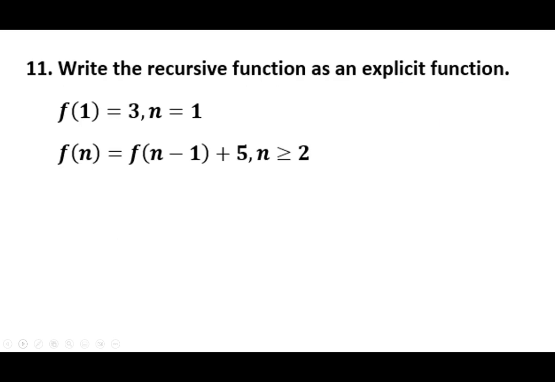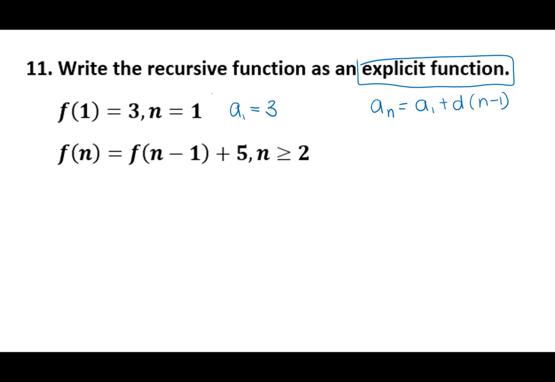Write the recursive function as an explicit function. You need to know the formula. So once you get your scratch paper, you have to put your formulas. This is a_n equals a_1 plus d times n minus 1. My first term, a_1, is 3. I also want you to label this as first term.